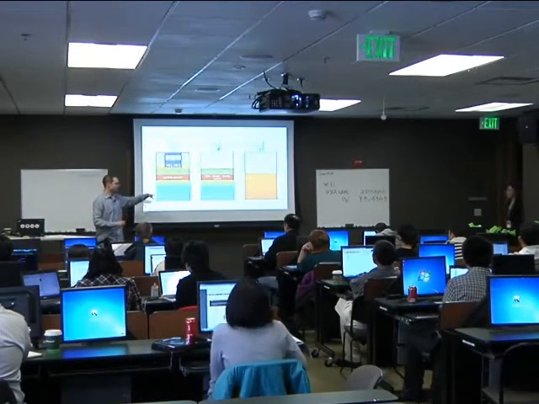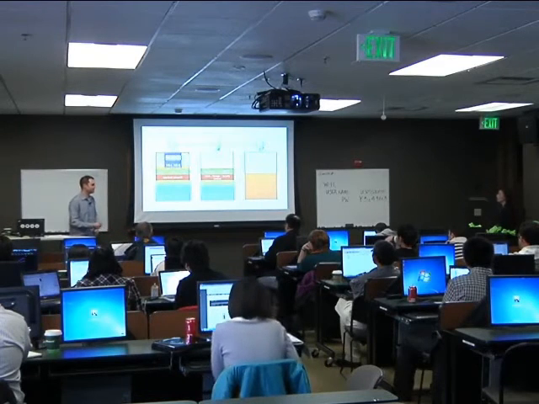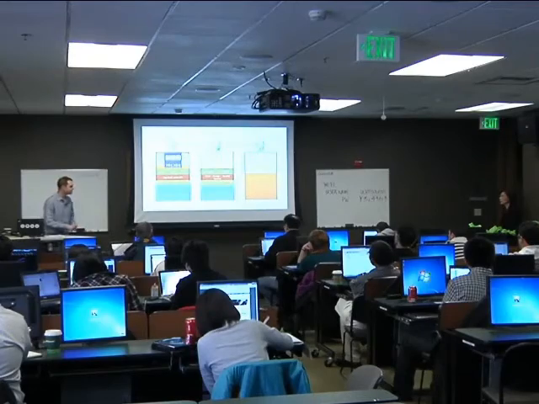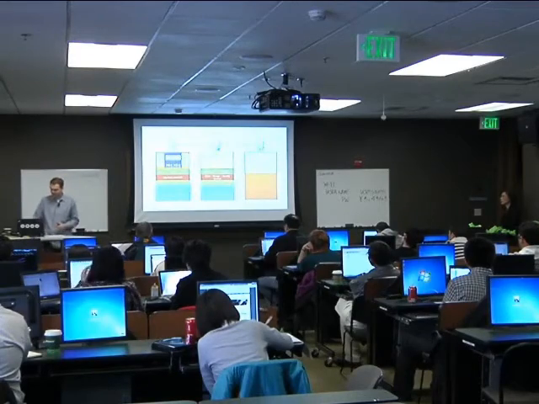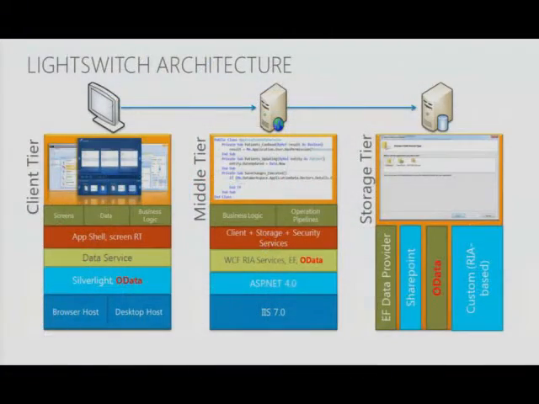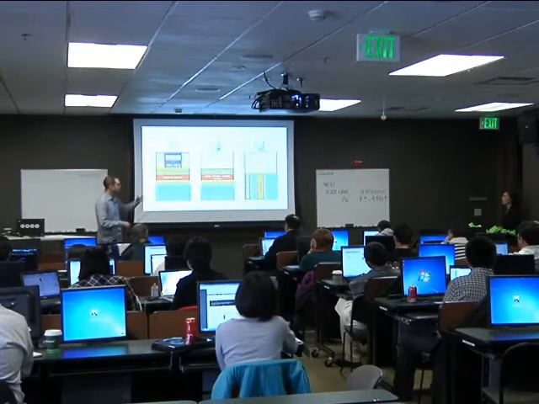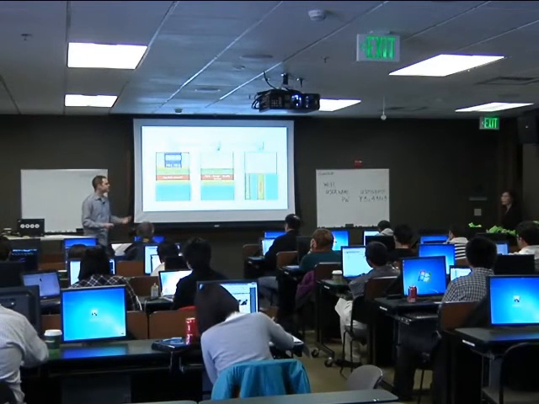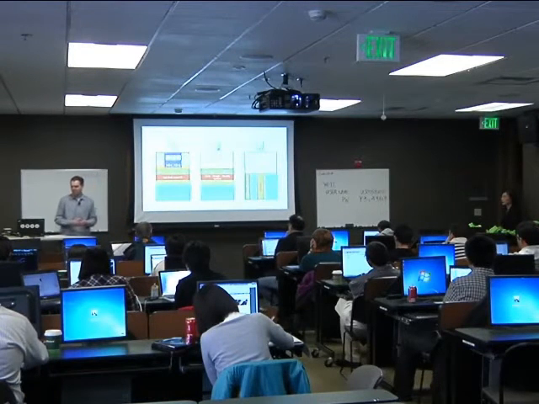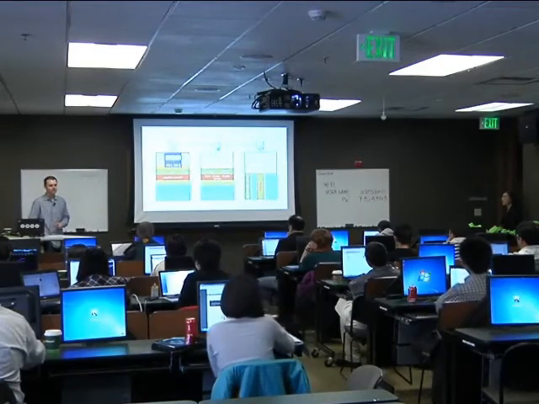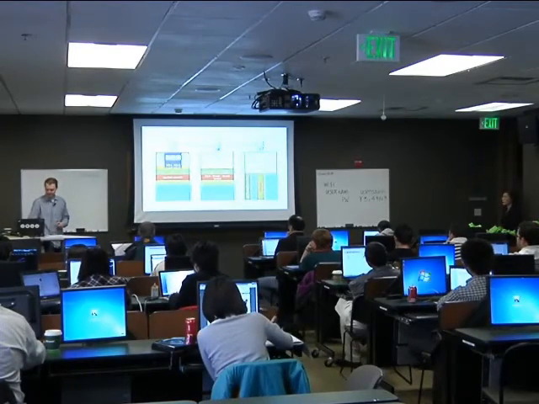Then we use the ASP.NET 4.0 runtime to host our service, and finally, it sits on top of IIS. And then in terms of data sources that we can talk to, we have relational databases available through Entity Framework, SharePoint, OData, and custom data sources based on the RIA library.